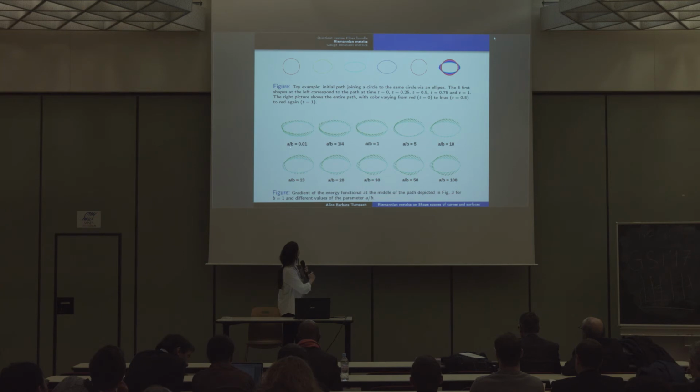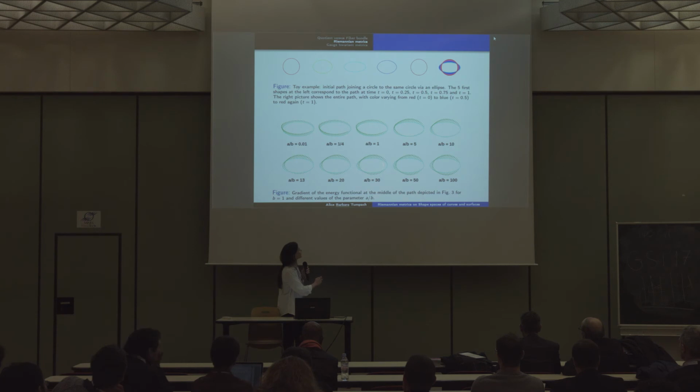So depending on the value of the parameter, the gradient, which is a vector field on your curve, is, well, here we don't really know what it should do, but here it's clear, for instance, that it tends to make your ellipse more round.